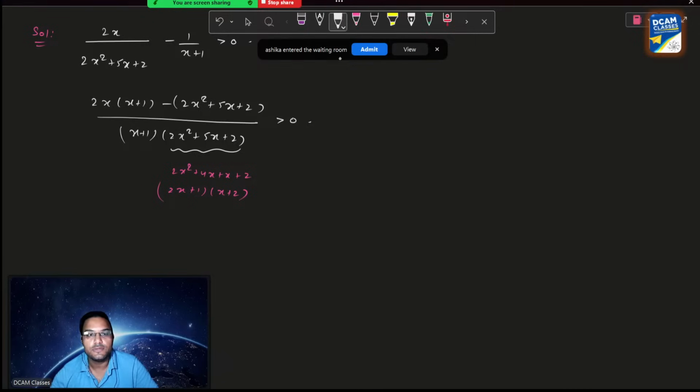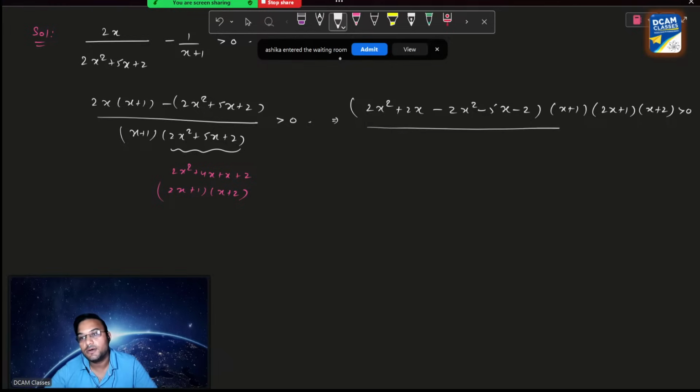So this inequality will become (2x^2 plus 2x minus 2x^2 minus 5x minus 2) over (x plus 1) into (2x plus 1) into (x plus 2) greater than 0. I am not taking the denominator part because I have made the denominator positive for all values. So that means it doesn't matter whether it is negative or positive.